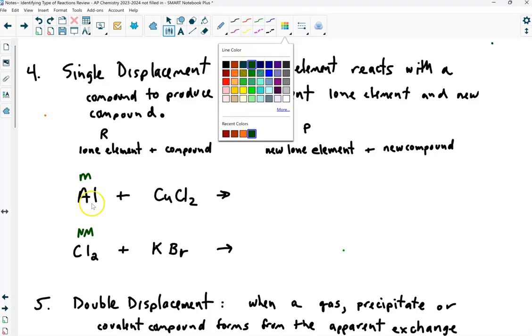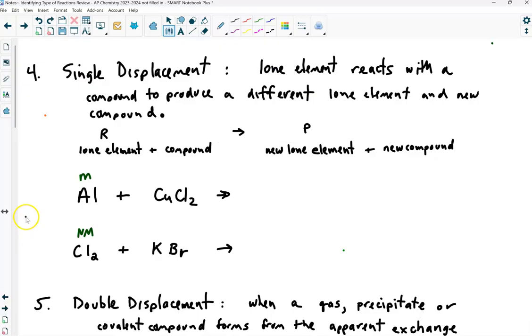So aluminum is a metal. And in a single displacement reaction, what happens is the aluminum, the metal, will displace the metal from the compound. And so the first product, the new lone element, will be the metal that was bonded. So in this case, copper.